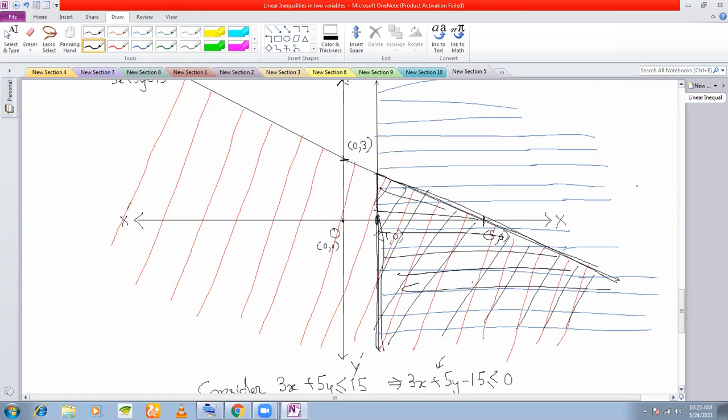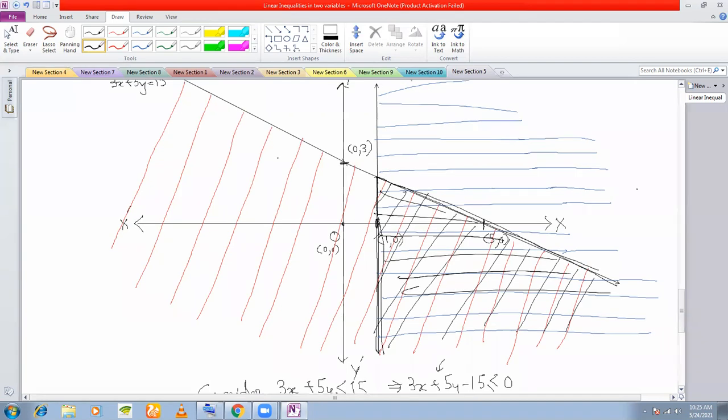Is it absolutely clear? I wouldn't like to see two shaded or three shaded regions. I would only like to see the actual solution, that is this as your shaded region. Only this part I would like to see. I don't want to see all these shaded parts.